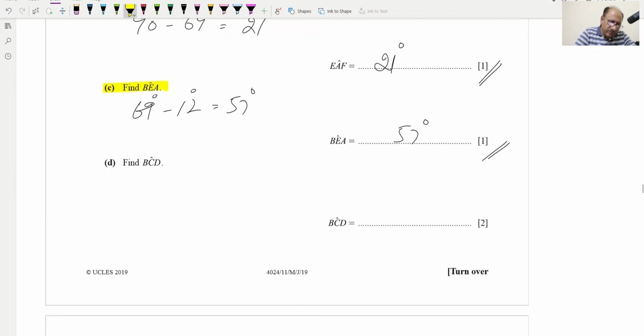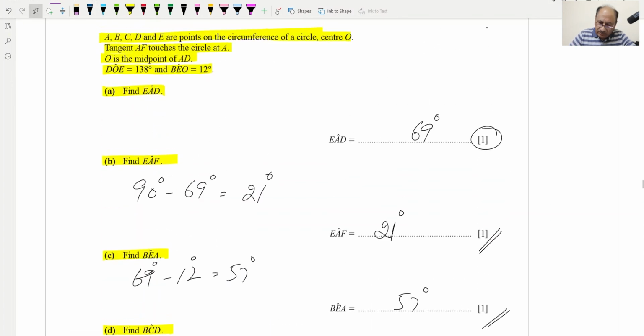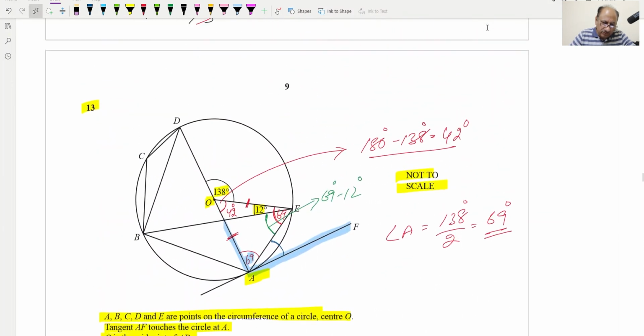Now find angle BCD. This is for 2 marks. To understand this angle, which is BCD, we can take this top angle. This one will be equal to this top angle, because these two are on the AB arc. So this is 57 degrees, which we have calculated over here.